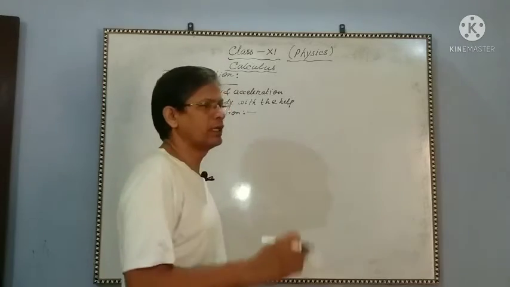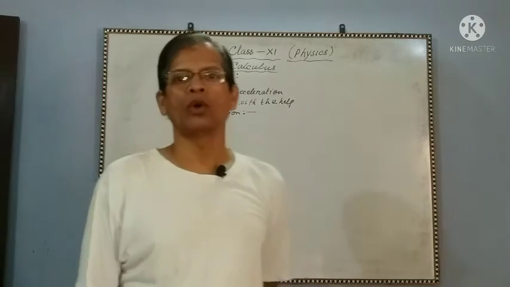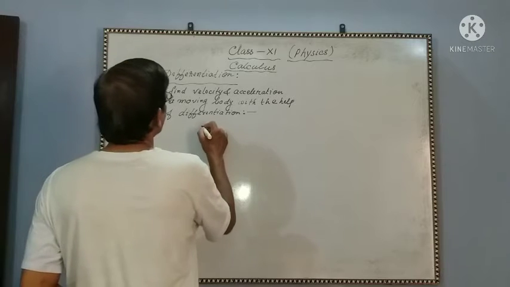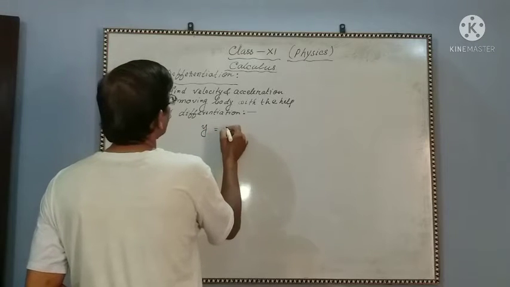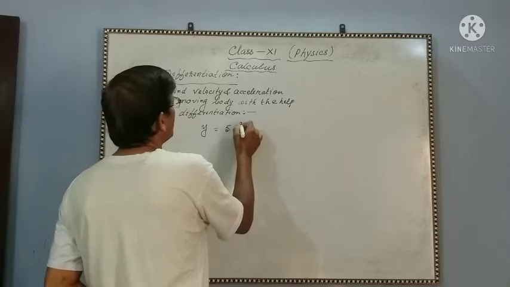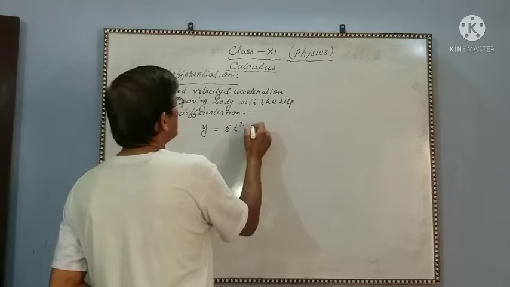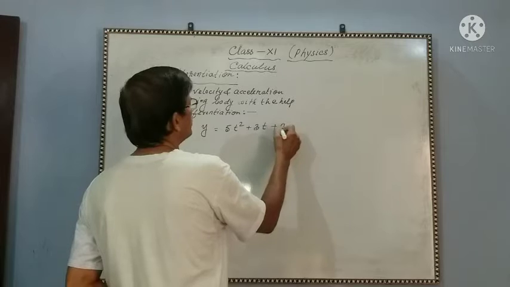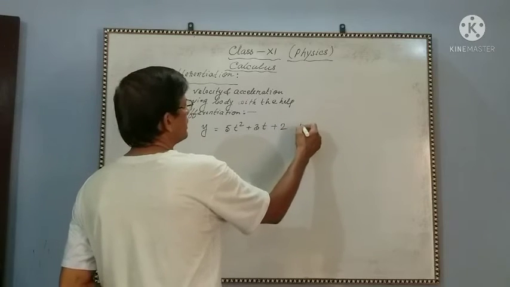So, suppose the displacement of a body is denoted by y equal to 5t square plus 3t plus 2 meter.